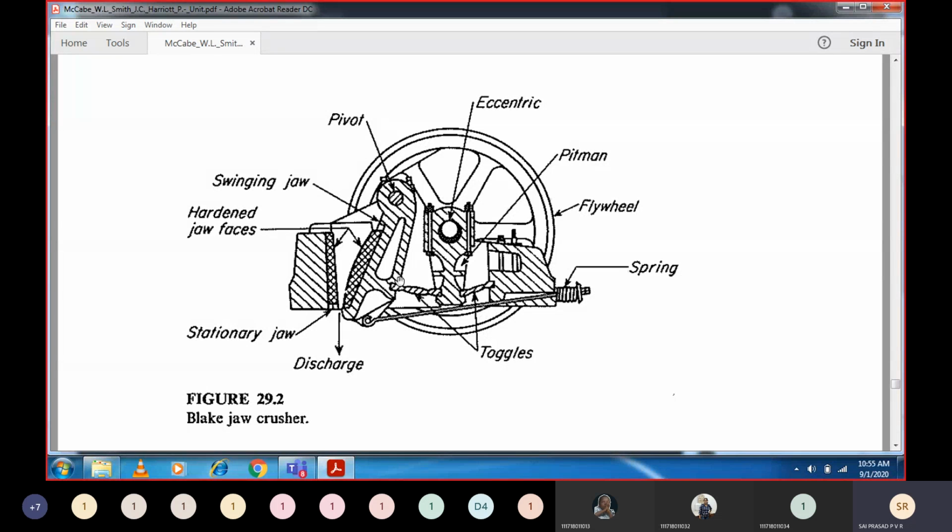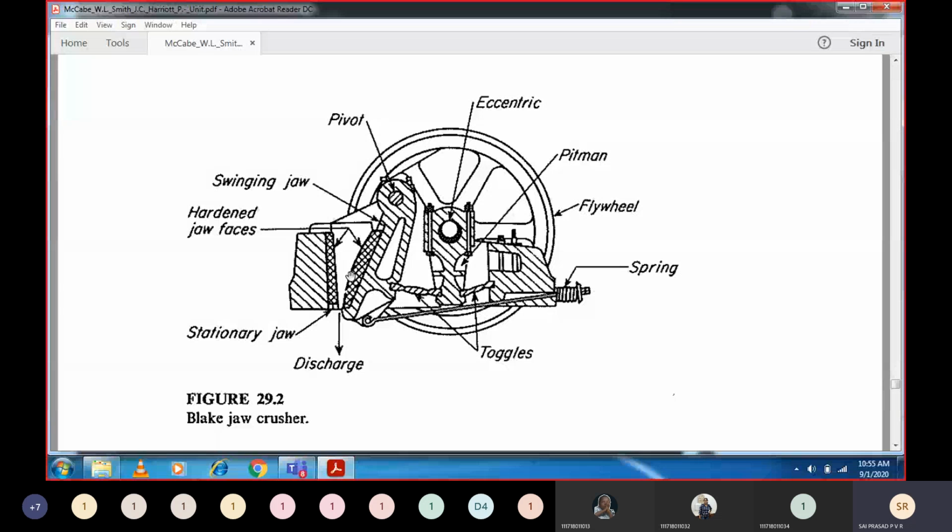So ultimately, we should understand one point: in the V shape, when we add the solid particle, the swinging jaw goes back. When it goes back, the area of crushing increases, and no crushing is taking place. But when the swinging jaw is coming towards the stationary jaw, then the area is decreasing, and then we can catch the particle, and only then will it apply the force on it.